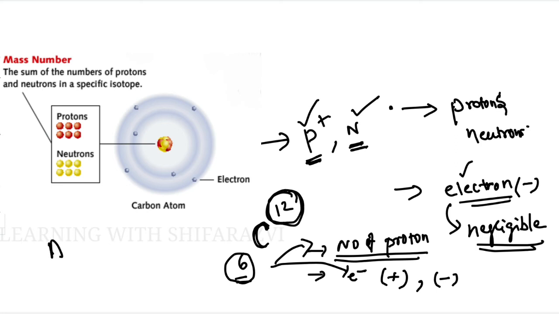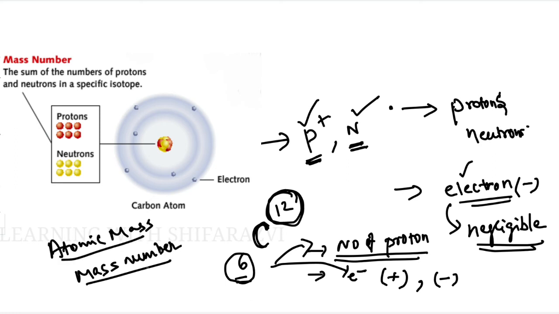Now what is this number that is there at the top of the carbon atom? This is called the atomic mass or the mass number. So how is this atomic mass or the mass number calculated? The atomic mass or the mass number is equal to the number of protons plus the number of neutrons. Neutrons are the neutral particle.